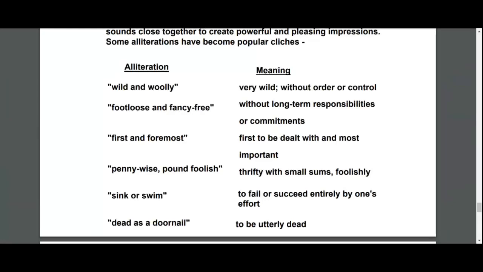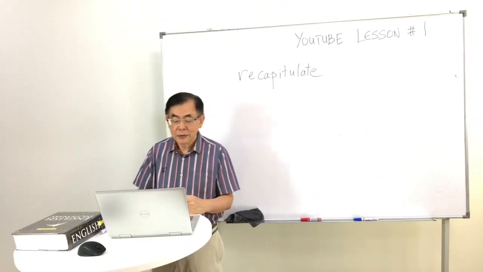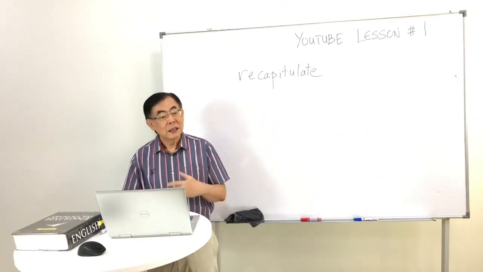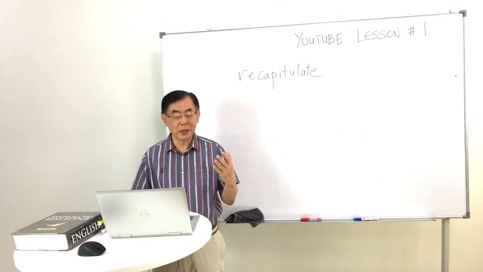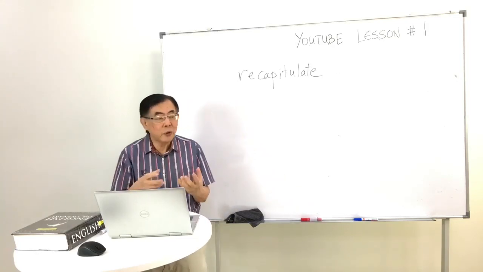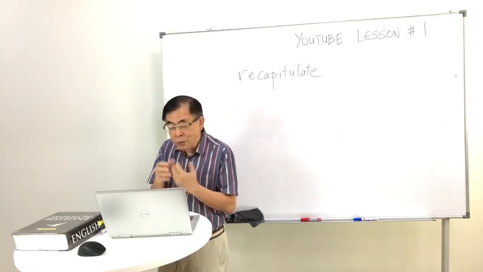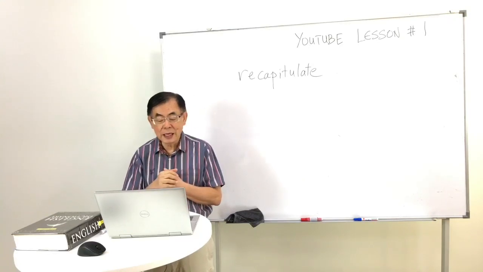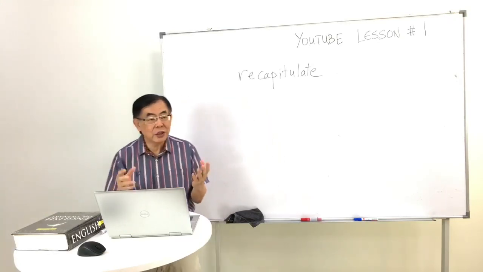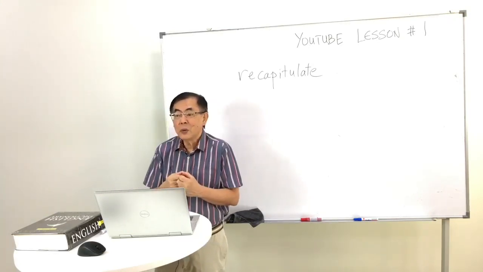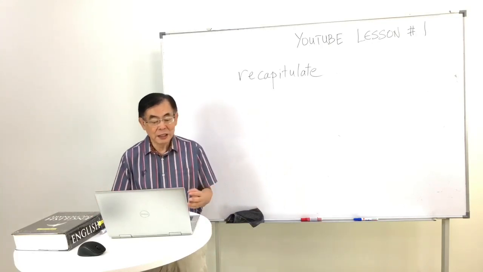Penny wise, pound foolish. You often hear this, right? When people are very careful with their money and don't simply spend, but then on other occasions, they foolishly waste and squander their money.